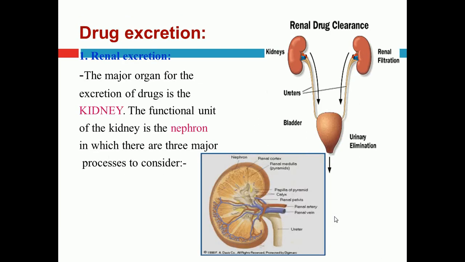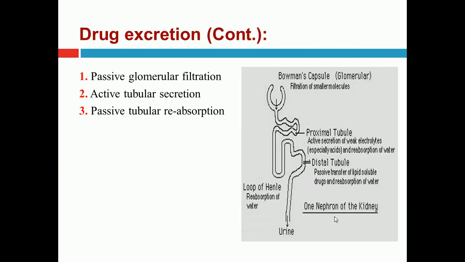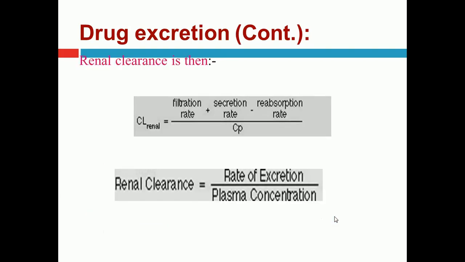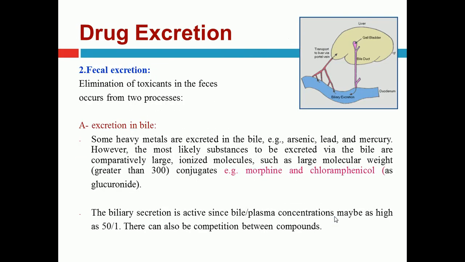Then we have another phenomenon called drug excretion. As we have discussed in class, drugs can be excreted by many routes through different major organs. For example, drugs can be excreted through the kidneys in the urine.